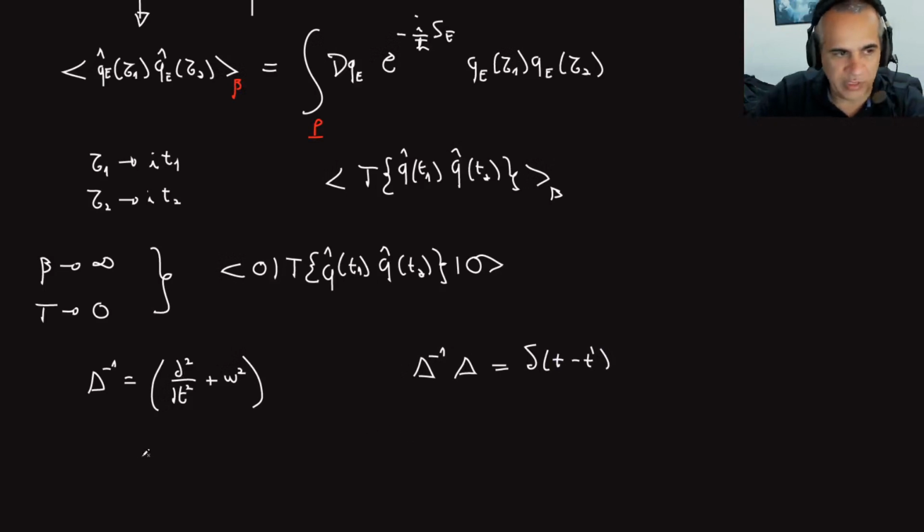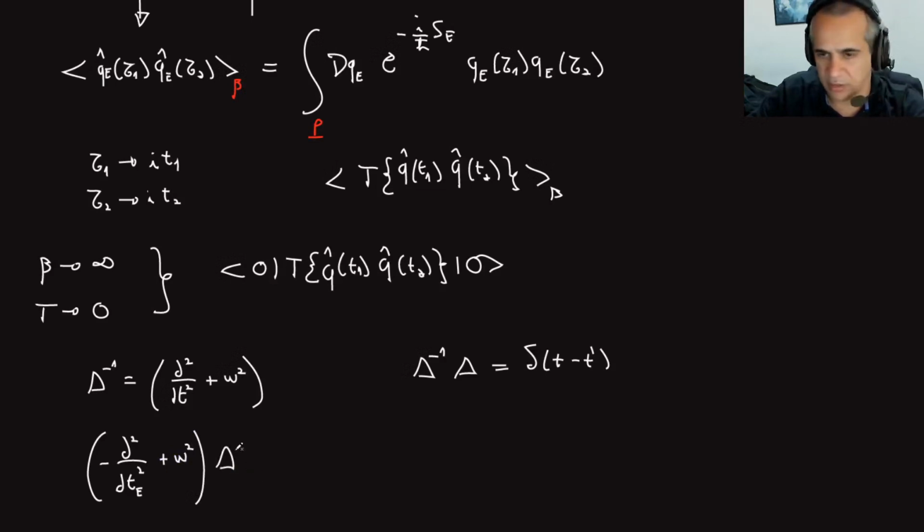If you go to Euclidean time, right, you have to rotate this guy, right? You have 2 powers of i in the denominator, so you end up with minus ∂²/∂t_E squared plus omega squared, which will act, let's call it for now, since I'm talking about the free oscillator, Euclidean delta for the free oscillator, which depends on 2 Euclidean times.